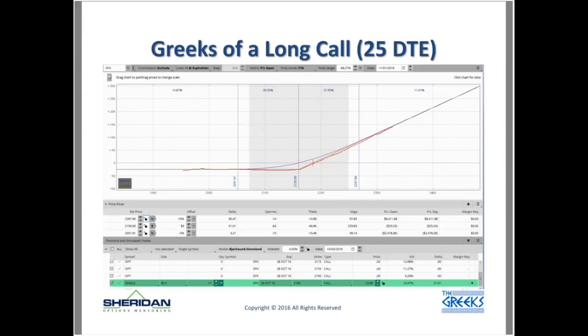This graph here is the graph of the trade today. And with a long call, if we don't move over time, you can see here's the loss under zero, that will increase, typical long call.